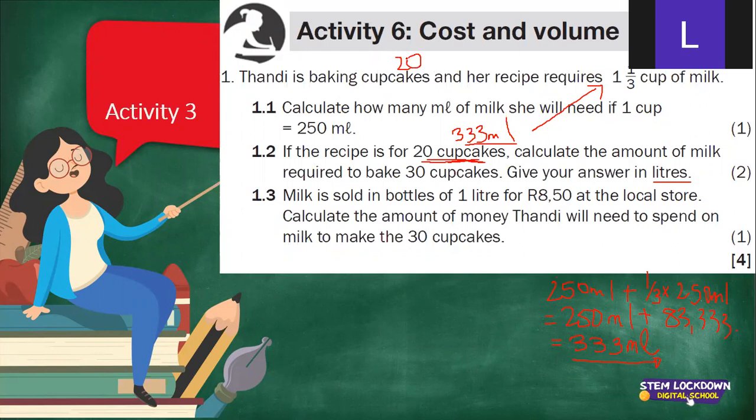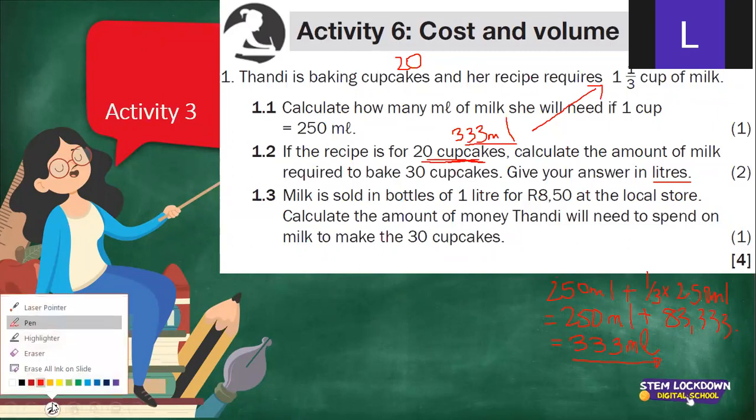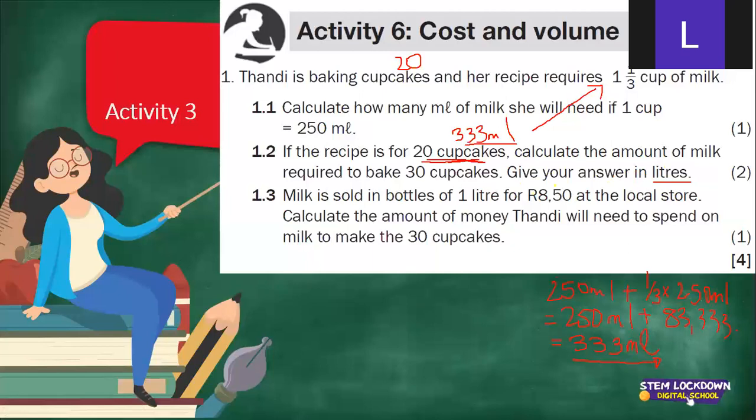Okay, so now all you do is change mils to liters, right? You can do this at the end, but it's best to do it early so that you won't forget. So how do you change mils to liters? Let me use a brighter color. For this one, we are using this conversion: 1 liter is equal to 1,000 milliliters.